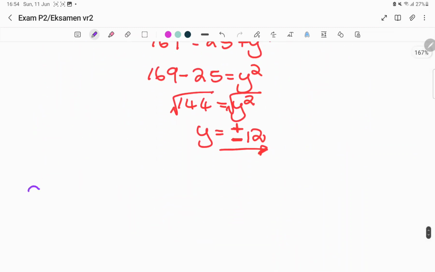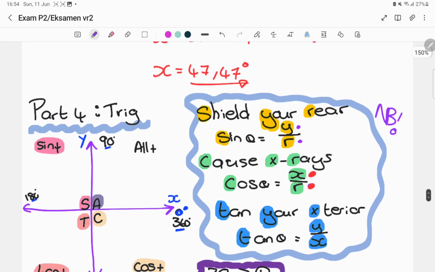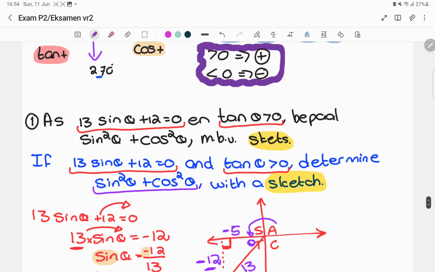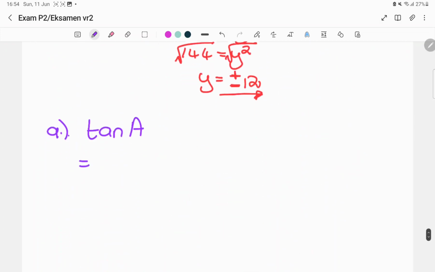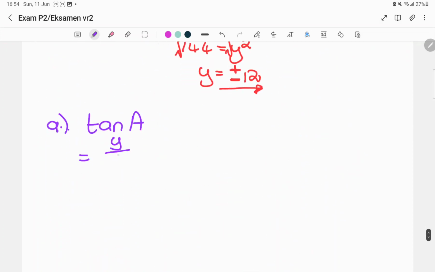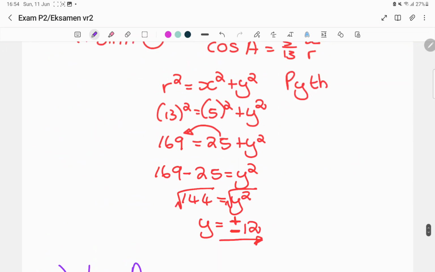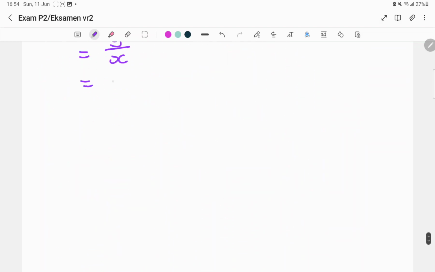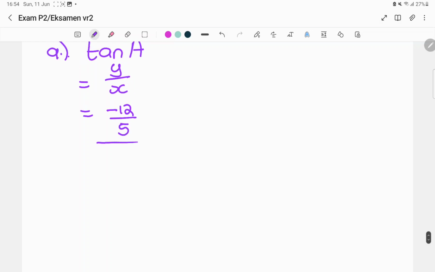Question A says calculate tan A. The first thing you need to remember, what is tan A? Tan is my y value over my x value. So my y value is negative 12 and my x value is 5. So tan A is minus 12 over 5.